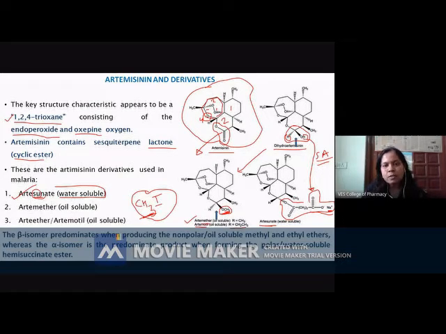So in this case you are adding a non-polar moiety, because of which both of these ethers, arteether as well as artemether, which is also called artemethyl, are oil soluble. They are no more soluble in water. They are soluble in oil.